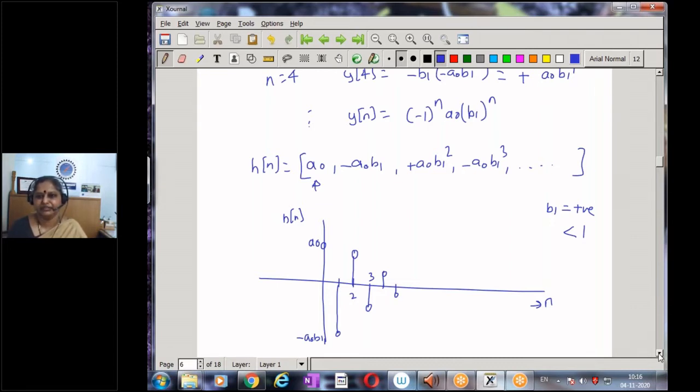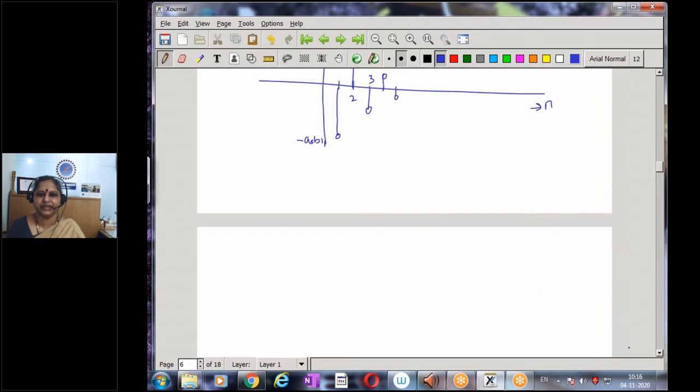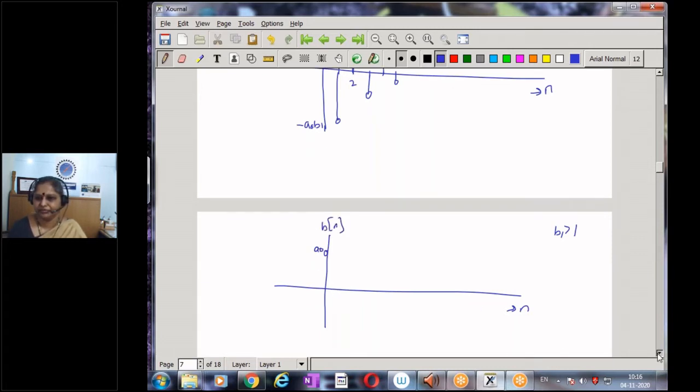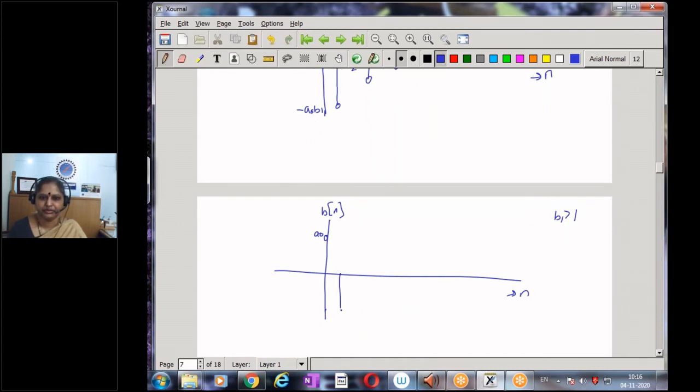On the other hand, if I assume my b1 is greater than 1, I am going to have these values for my impulse response. I have the same result, a0 for h of 0, then minus a0 b1, then a0 b1 square, which is going to be larger.